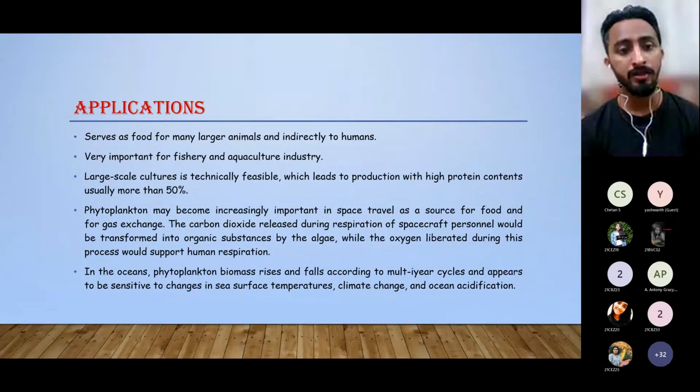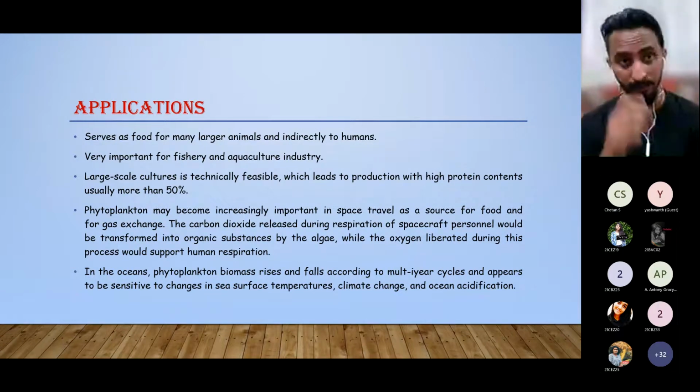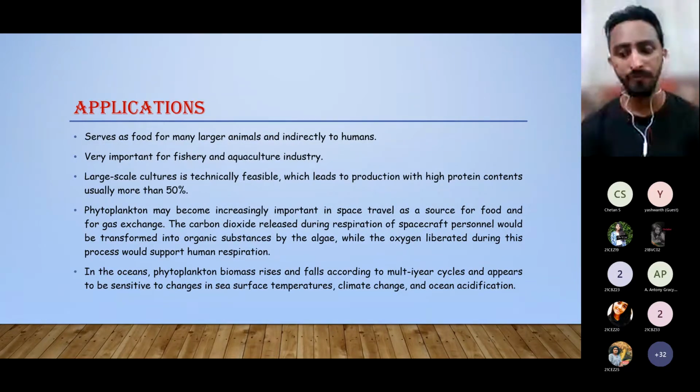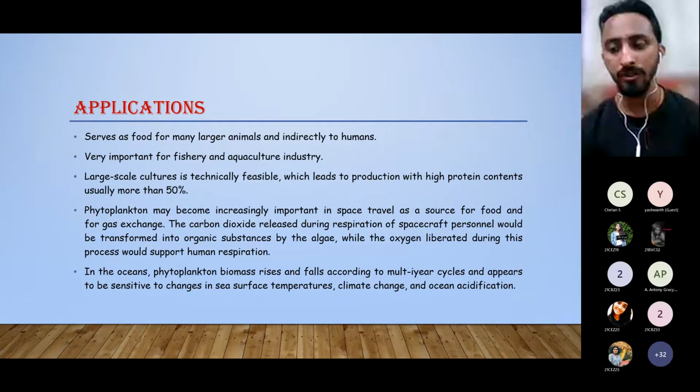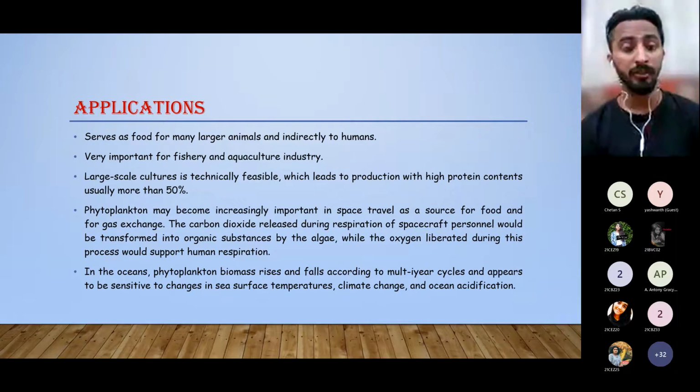Then you have large scale cultures, which are technically feasible, particularly for phytoplankton in this case. As I have said earlier, culturing of phytoplankton is very much prominent, and they are used highly in most of the research these days.